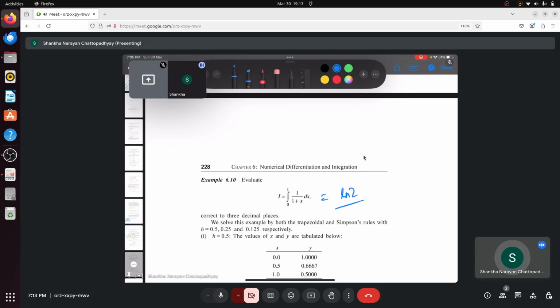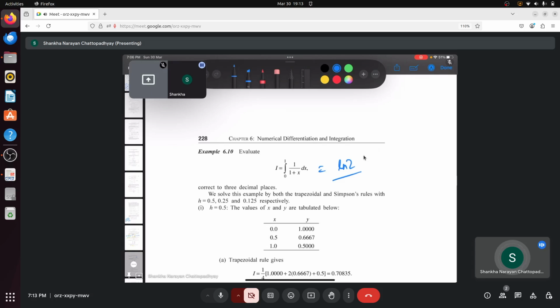Now you can have the trapezoidal and Simpson's rule with h equal to 0.5, 0.25, 0.125. You calculate the x values and y values. You use the formula for the trapezoidal method and the formula for Simpson's method. You calculate them, and finally you can have the expression for error.